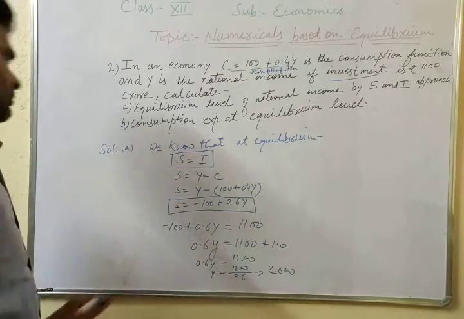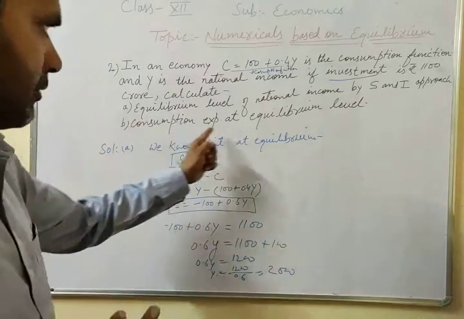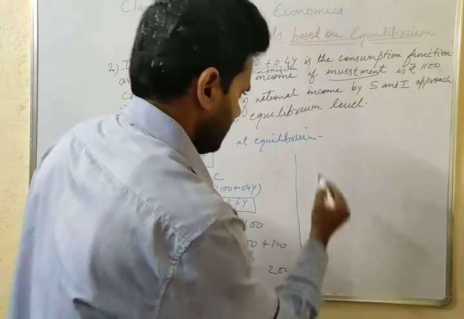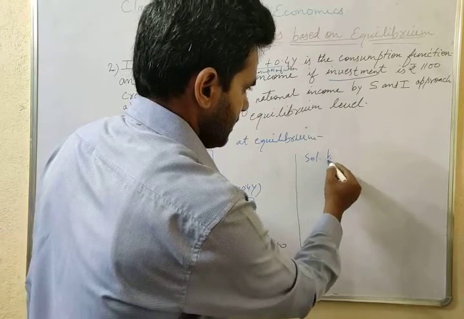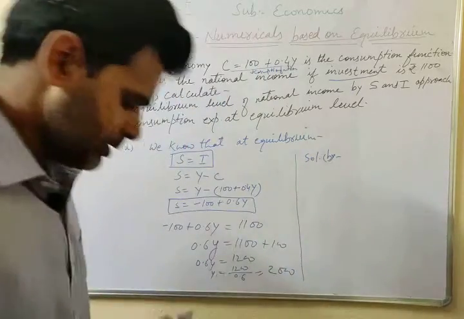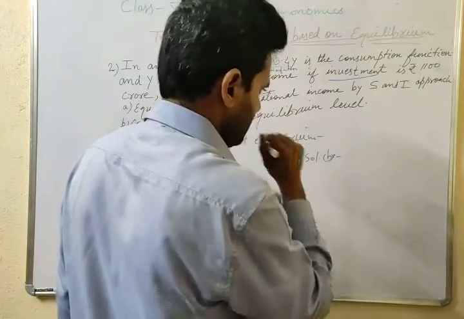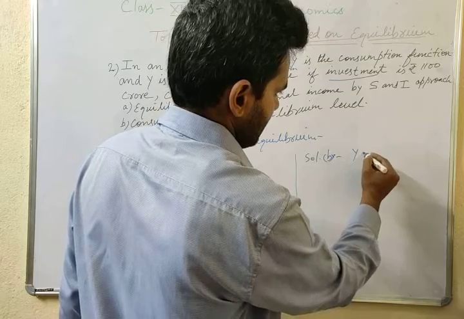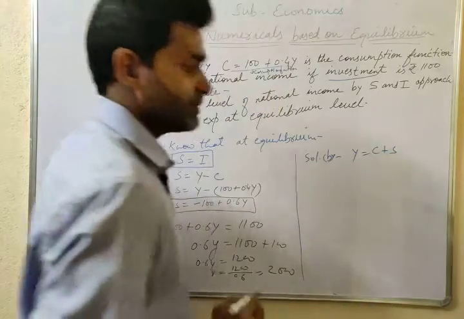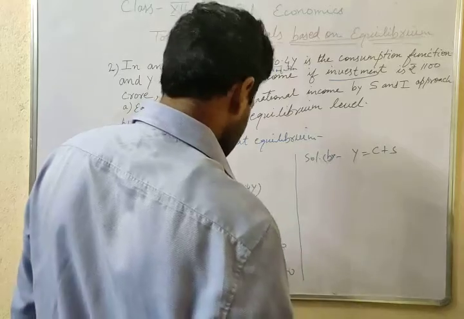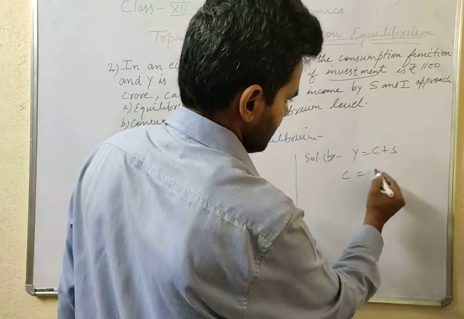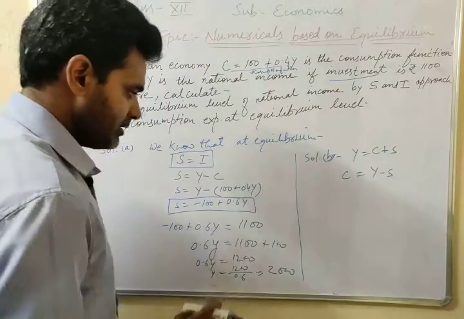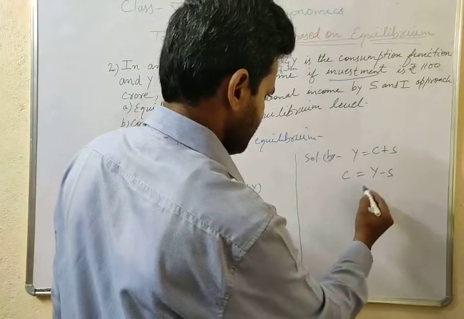Now what do we have to calculate in part B? In part B we have to calculate consumption expenditure. I will write over here, solution of B. So what is the equation? We know that Y is equal to C plus S, and what we are calculating is C. So C will be Y minus S. We know Y here, that is 2000.